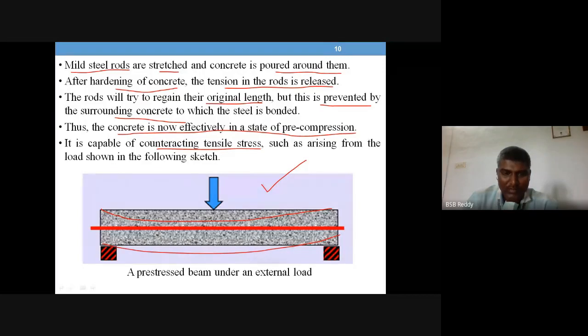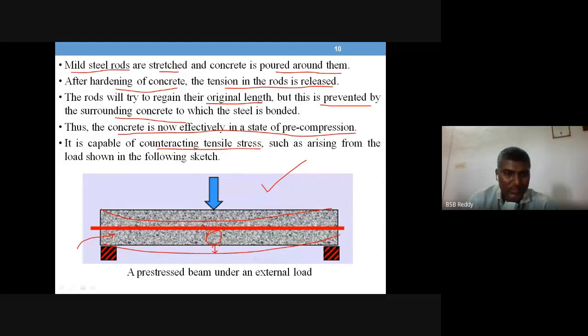So the bottom face is under tension: the upper half of the concrete will be in compression, the lower half of the concrete will be under tension, and this tensile stress will be counteracted by the compressive stress which is already there in the concrete.